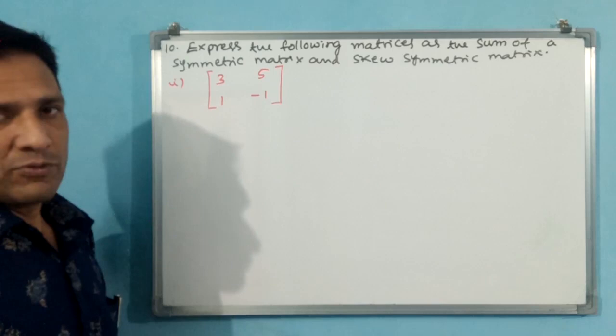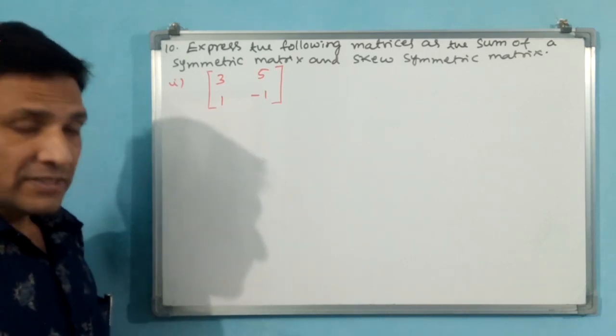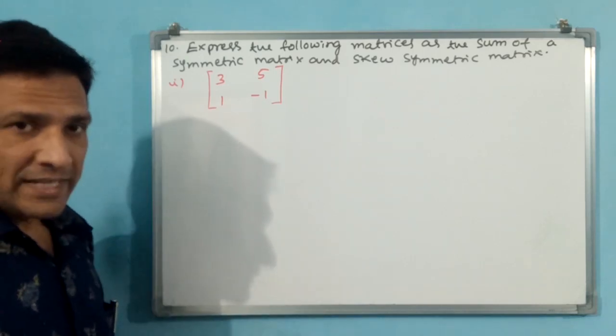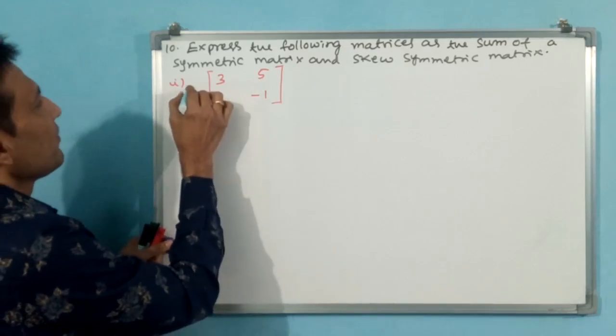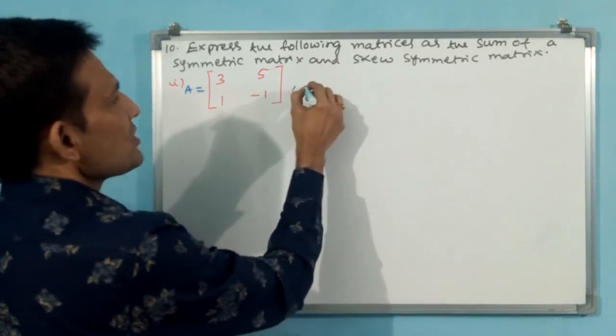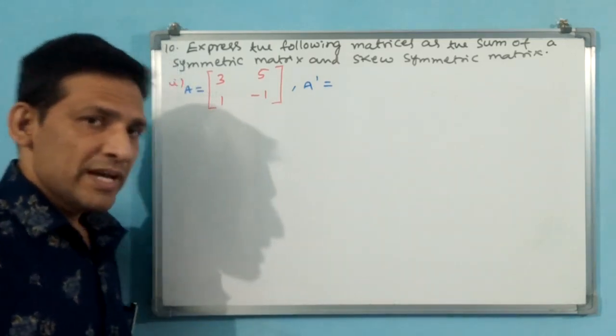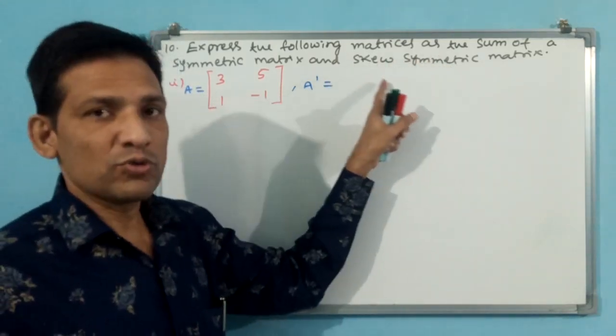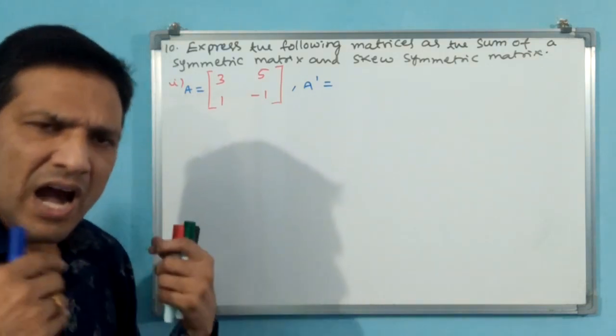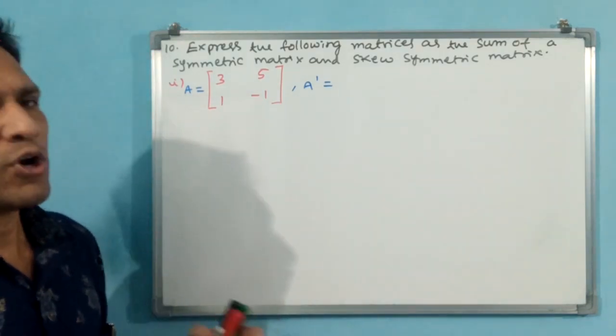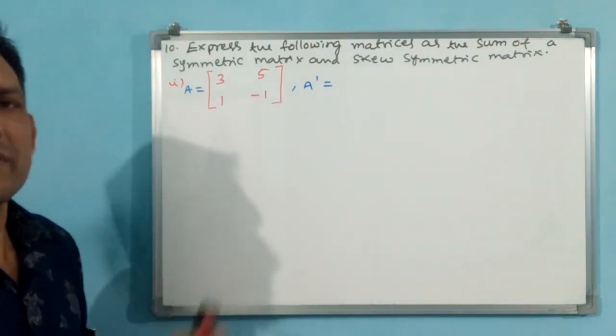Okay, let us first see what you have to do first. Let A is equal to, like this you have to take A. Okay, now you transpose it, A transpose. See, why here has the question come as symmetric and skew symmetric? Unless you do a transpose, you are not going to find whether it is symmetric or skew symmetric.